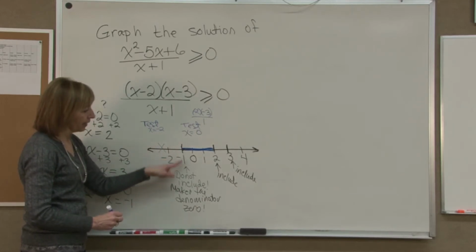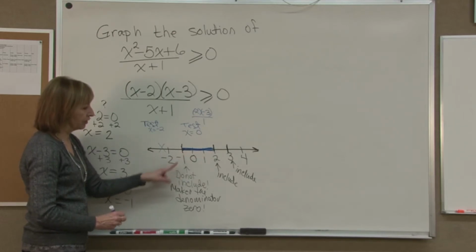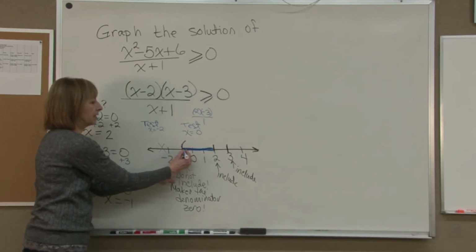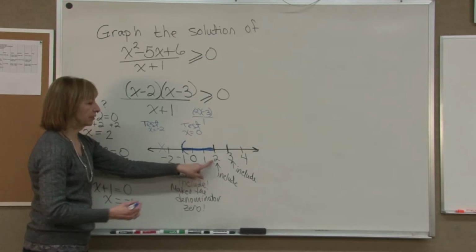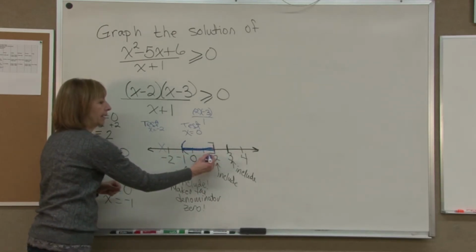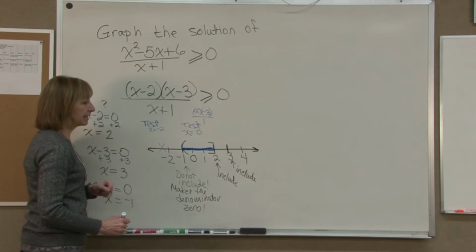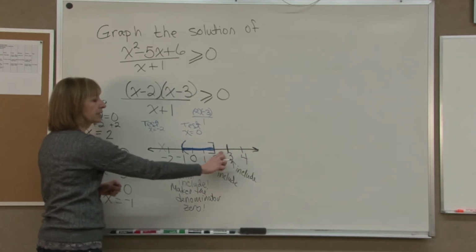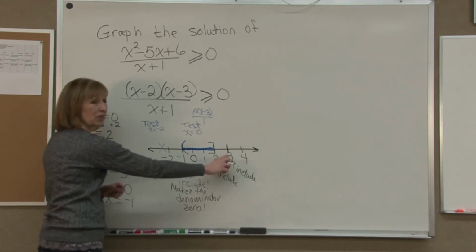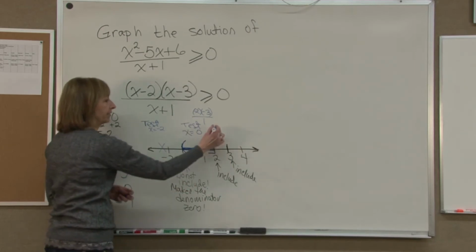Now I can put up what I need to do on the endpoints of that span. I don't include -1, so I'll put a parenthesis there, but I do include 2, so I'll put a bracket there. Okay, let's continue on with the rest of the regions. Let's test a number between 2 and 3, say 2.5.